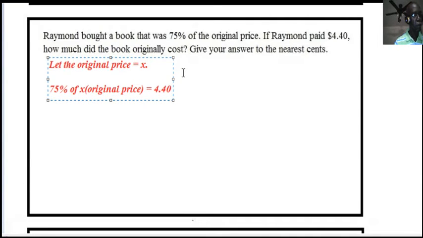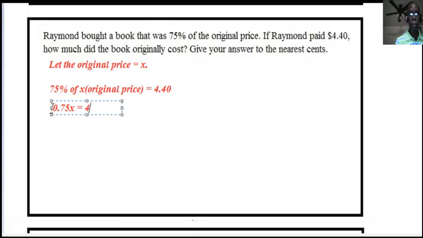75% is 75 divided by 100, and as a decimal, it is 0.75. So 0.75x equals 4.40. Remember, this is an equation. So to get x, we must divide 4.40 by 0.75.